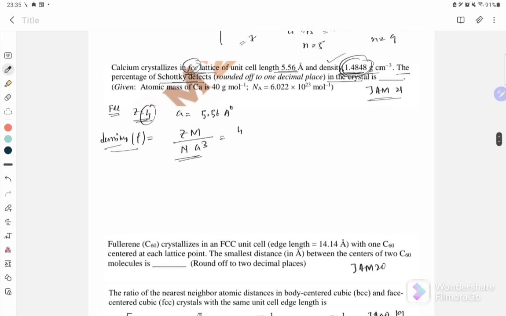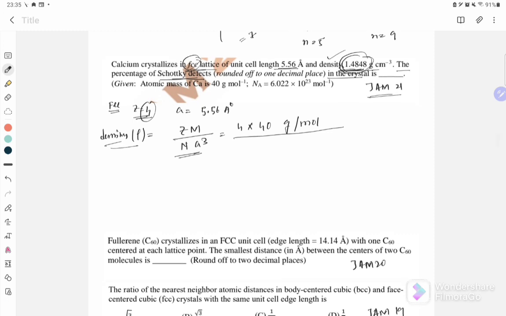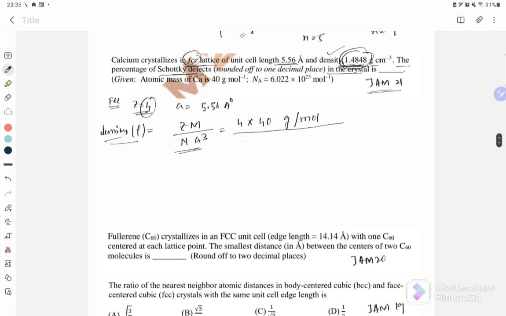Density: Z is 4, M is equal to 78 gram per mole. We always write the unit with the number. Then 6.023 into 10 to the power 23 mole inverse, that is per mole, so it is mole inverse. a cube is 5.56 into 10 to the power minus 8 centimeter, cubed.